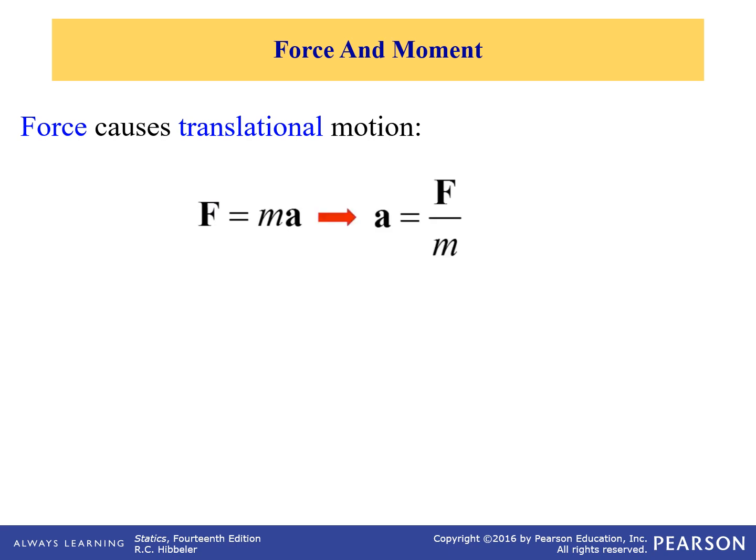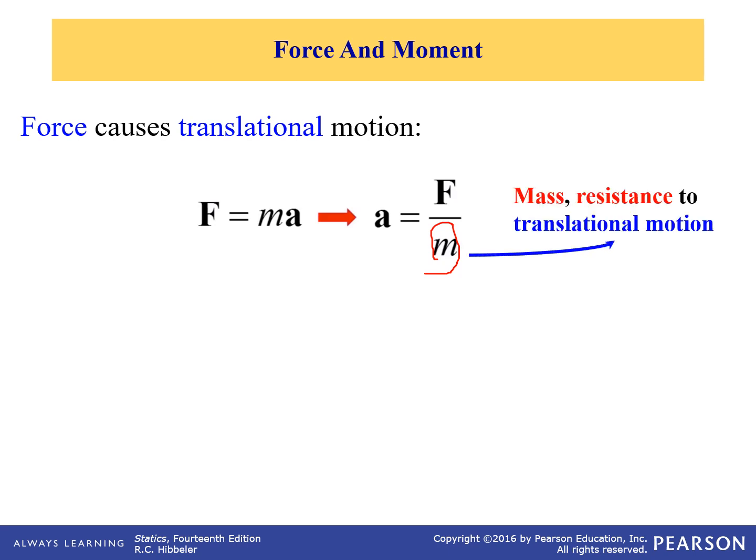It can also be written this way: the acceleration a is caused by force F, and it equals F divided by the mass m of the object. So we can see mass is the resistance to translational motion, and that is why sometimes mass is called the inertial mass.